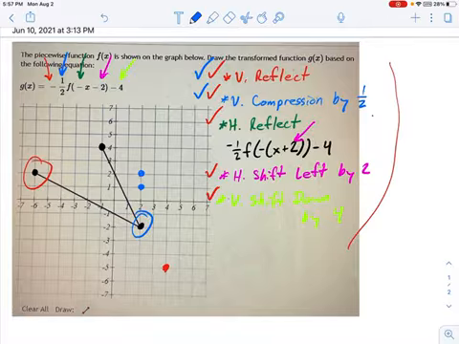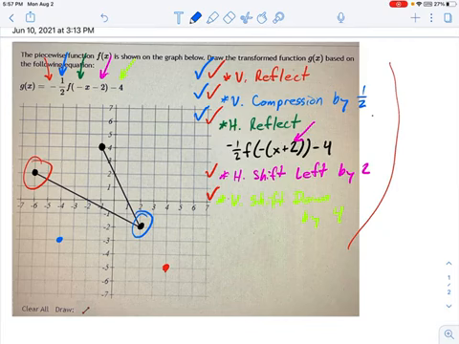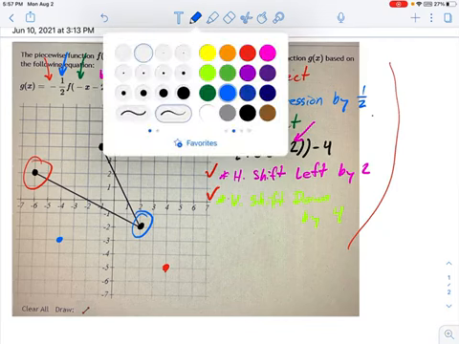Horizontal reflection. That's going to bring it over to this side. Okay, done. Now I want to shift it left by 2. Done. And down by 4. 1, 2, 3, 4. Okay, so there is the second dot. And now we can move on with the final dot, which we will do in purple.